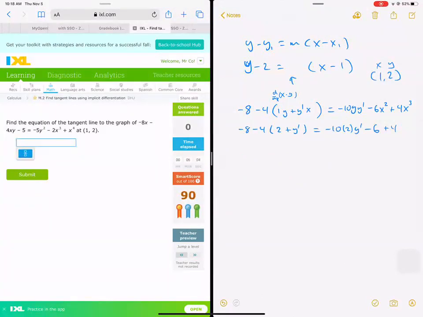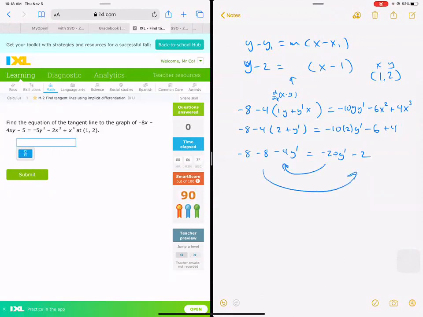Okay, and then I'm going to distribute the parentheses. So it's negative 8 minus 8 minus 4y prime equals negative 20y prime minus 2. Combine like terms. I'm going to kick the y primes over here and all the other numbers to the other side.